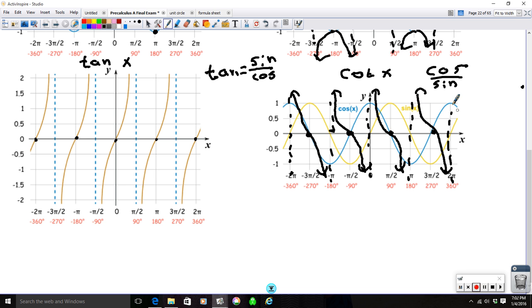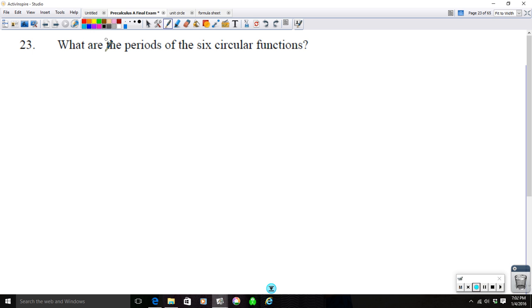All right. The periods of the 6 circular functions. The period of sine is 2 pi, because it takes 2 pi to do a full revolution. Cosine, again, a full revolution is 2 pi.